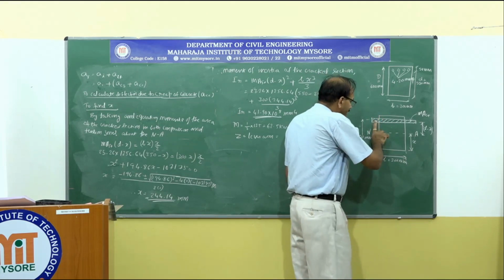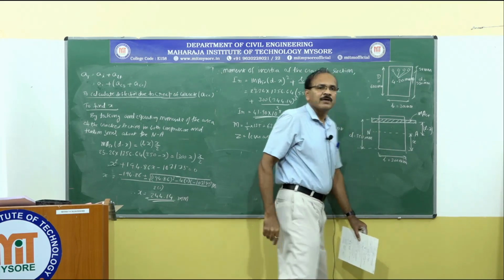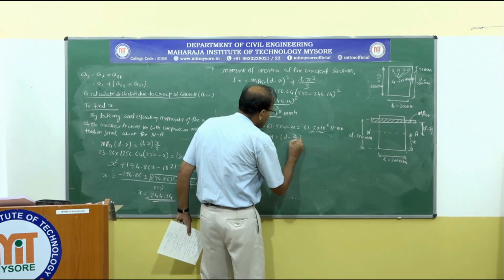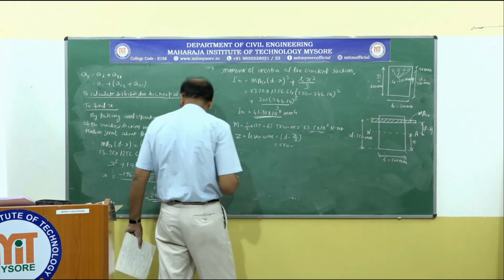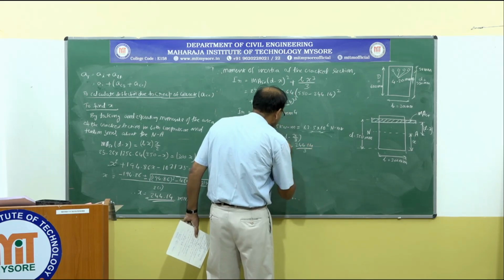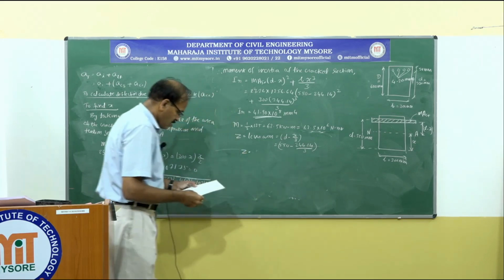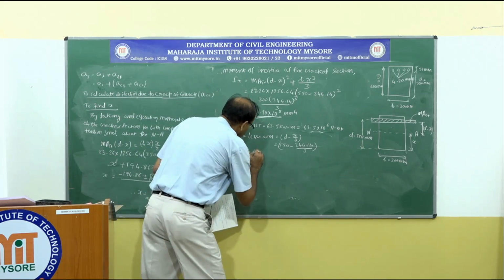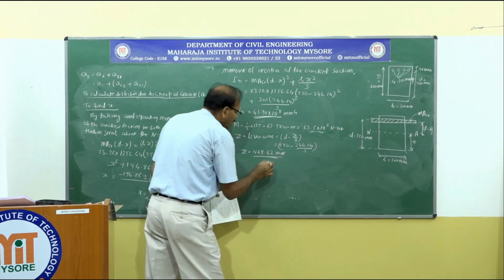So the lever arm is going to be d minus x by 3, that is equal to 550 minus 244.14 divided by 3. So z equal to 468.62 millimeter.